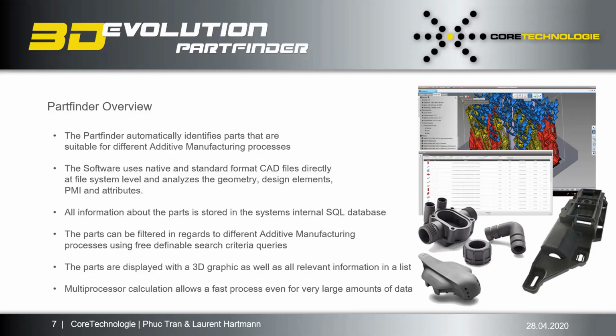One of the beneficial points is that in this software, on the HTML side, you will also have a 3D graphic, which is really nice to see, with a really clear list and the model visible in the end. The multiprocessor calculation gives you a really fast process for very large amounts of data.